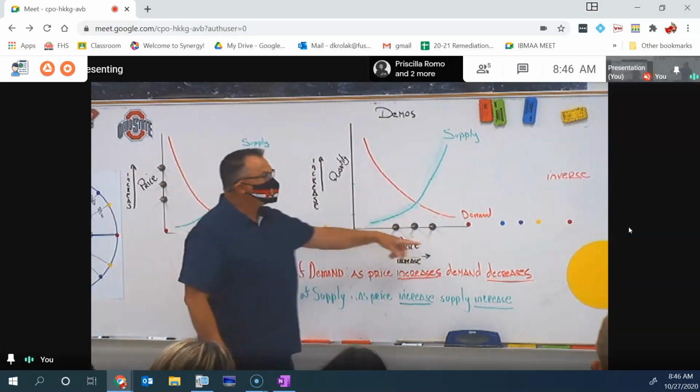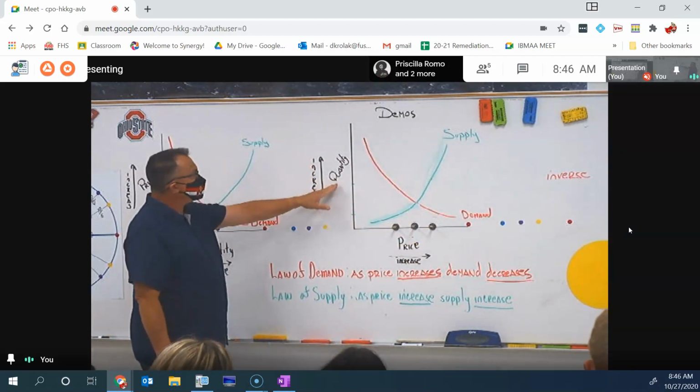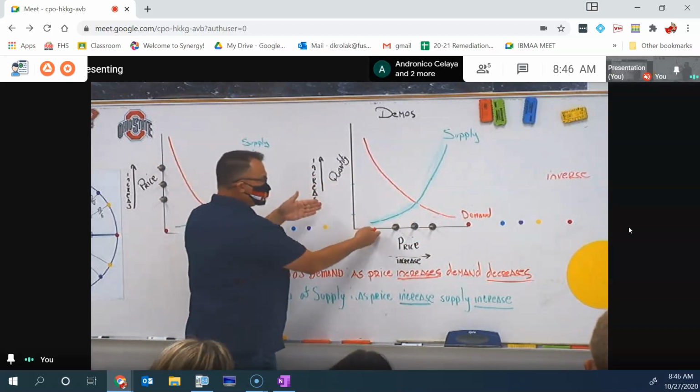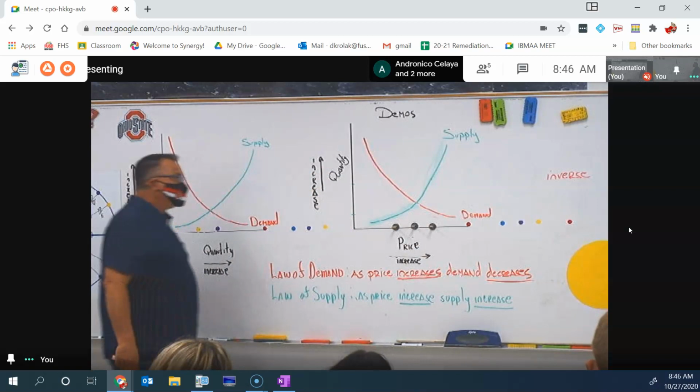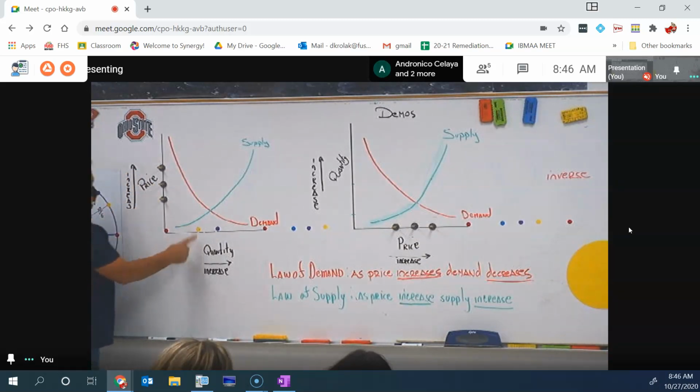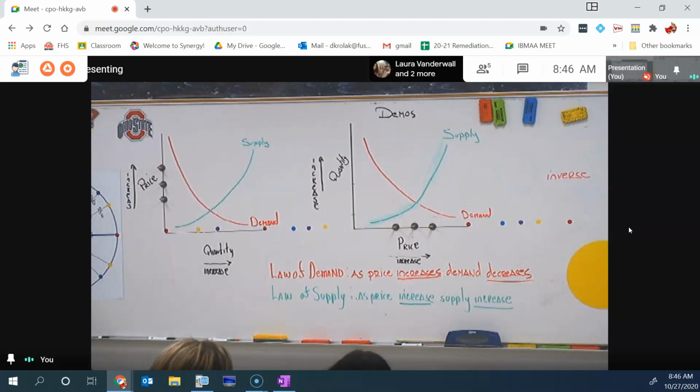Price is the independent variable, and the quantity is the dependent variable. So x is independent, y is dependent. But economists don't do it that way. They do it the reverse. So economists put the independent variable on the y-axis and the dependent variable on the x-axis. It's just the reverse of how we normally would graph in a math class.